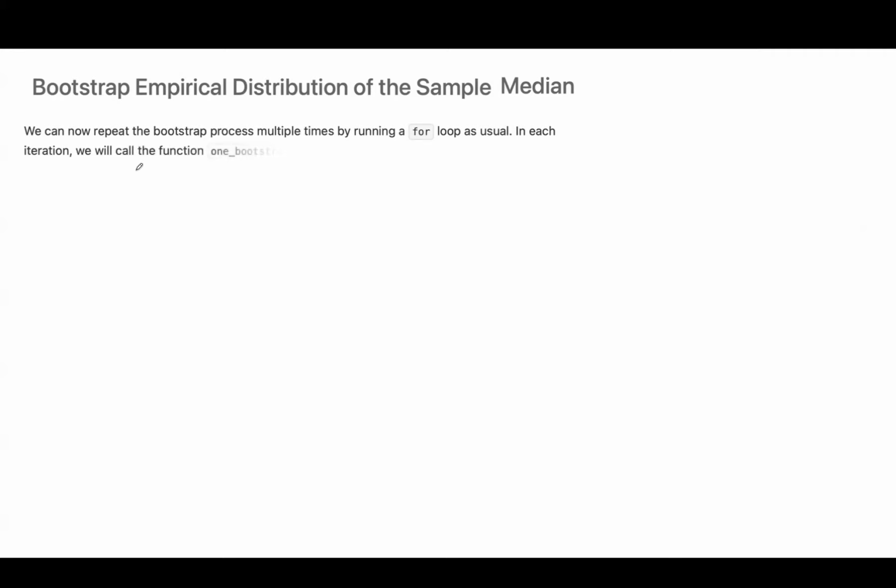Bootstrap empirical distribution of the sample median. We can now repeat the bootstrap process multiple times by running a for loop. In each iteration, we will call the function one_bootstrap_median to generate one value of the bootstrapped median based on our original sample.